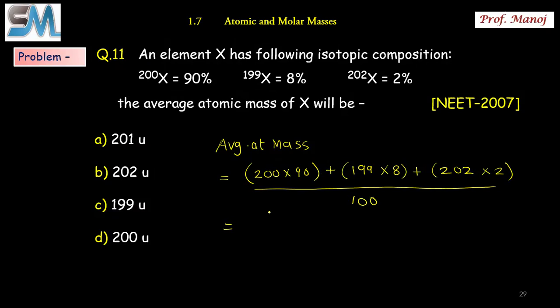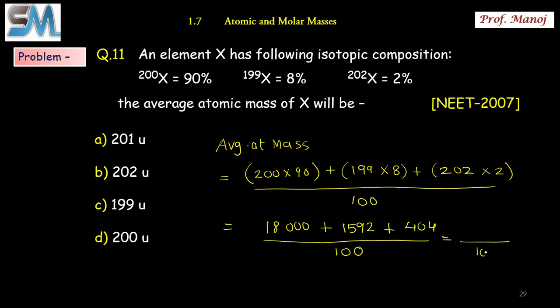If I take up all these numbers, 200 into 90 is going to be some big number like 18,000, plus 199 into 8 is going to be 1592, and this is simply going to be 404, divided by 100. If I add up all these big numbers, 18,000 plus 1592 plus 404 is 19996.